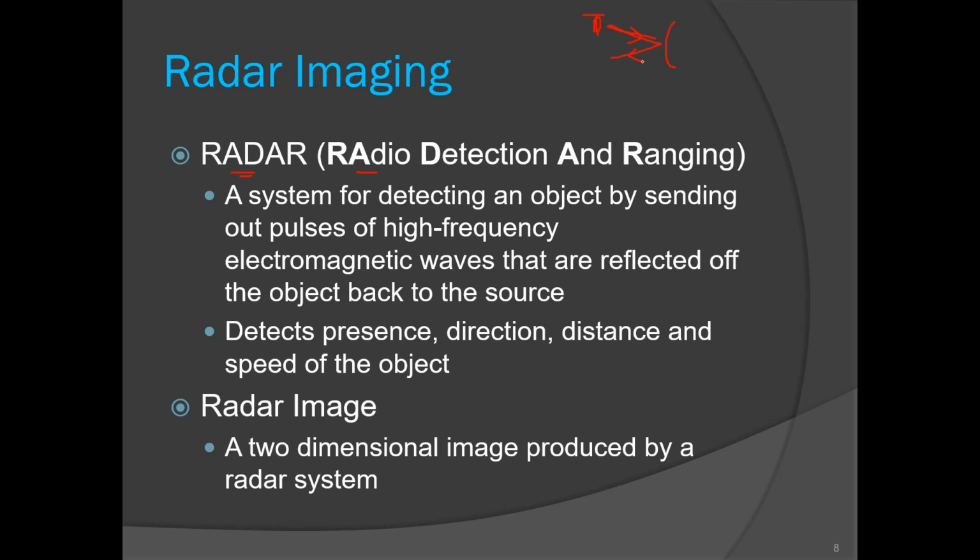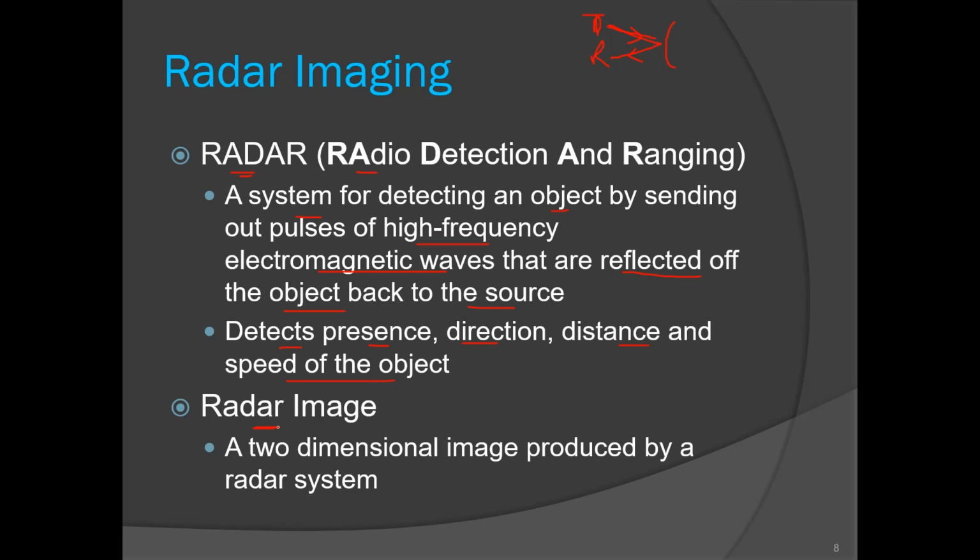The reflected energy will be captured by the receiver and the image will be formed. It is a system for detecting an object by sending out pulses of high frequency electromagnetic waves that are reflected off the object back to the source. It is capable of detecting the presence, direction, distance, and speed of the object.